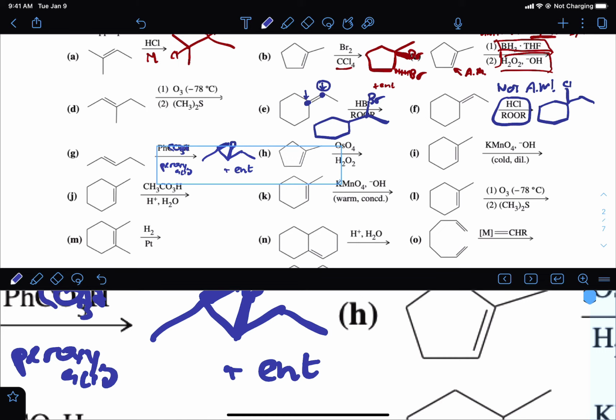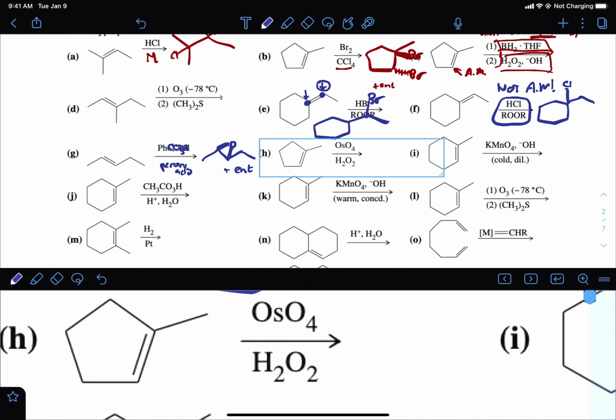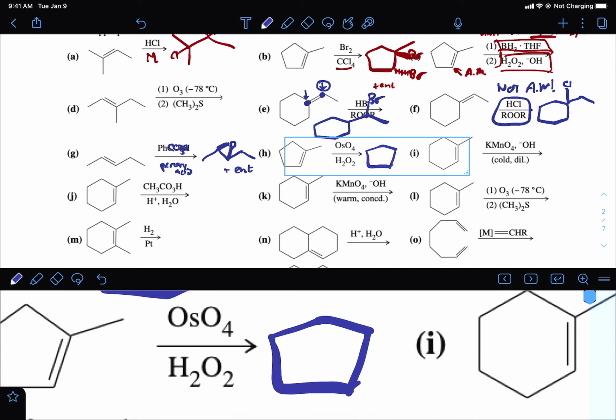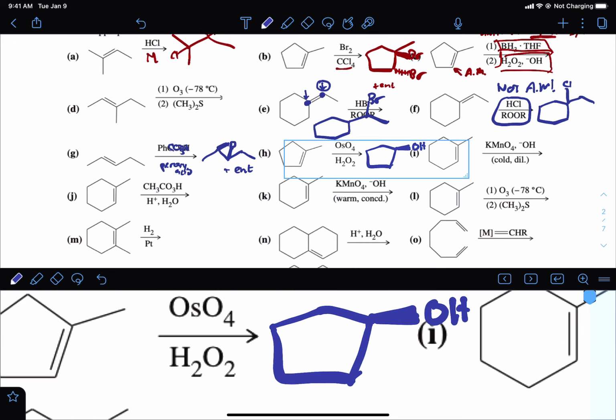Okay. OsO4 and H2O2. We've seen this. This was syn diols. Right? Learn the pattern. So the pattern is that the OHs go syn. We add OHs to both carbons. They're both wedged or both dashed.